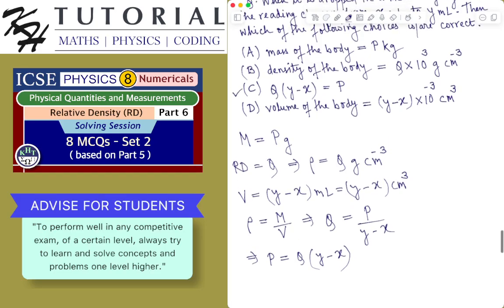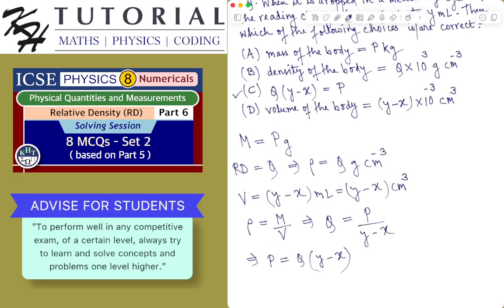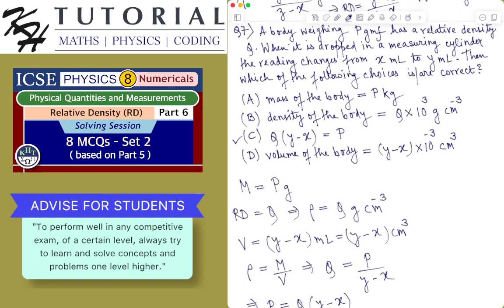Now let me see if any other choices are correct or not. Choice A says mass of the body is P kilogram. No, the mass of the body is P gram, not kilogram, because the weight of the body was given as P gmf. gmf is a gravitational unit for weight or force, which means that a body having a weight of P gmf has a mass of P gram.